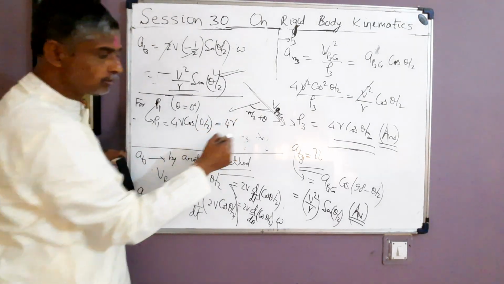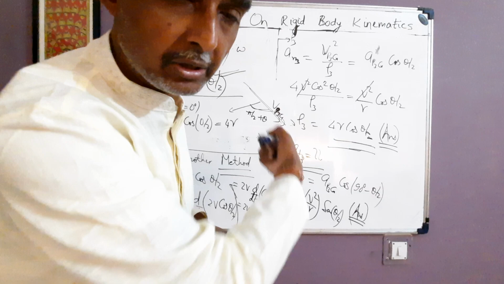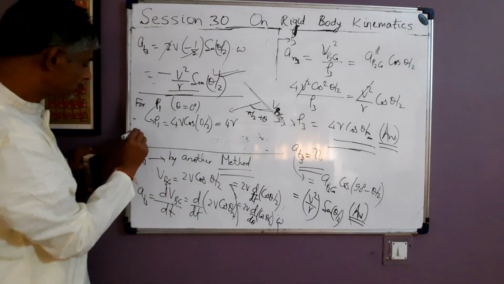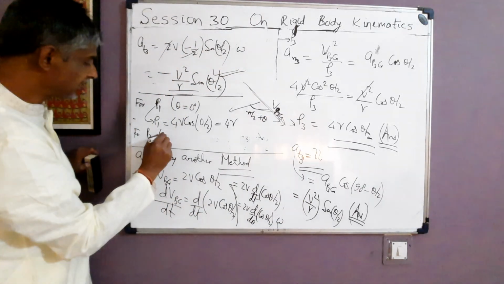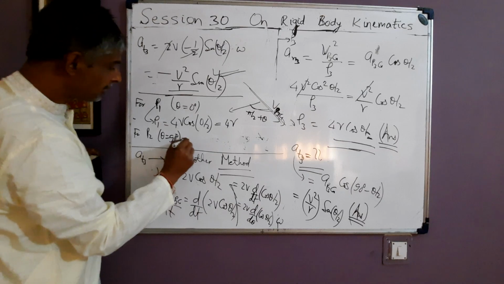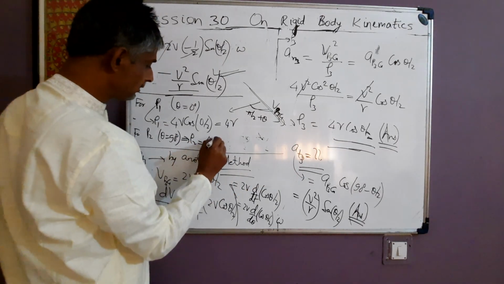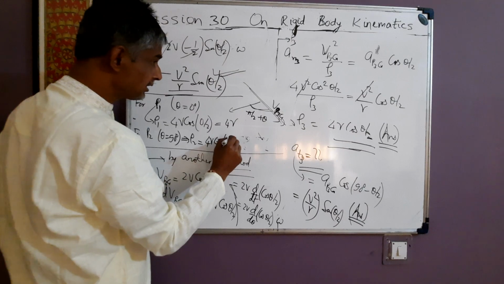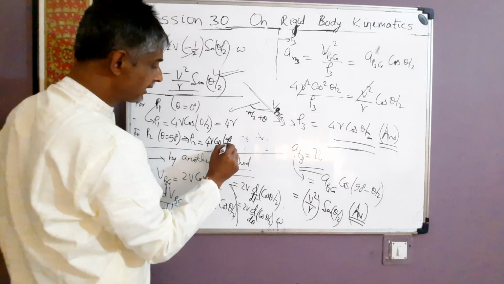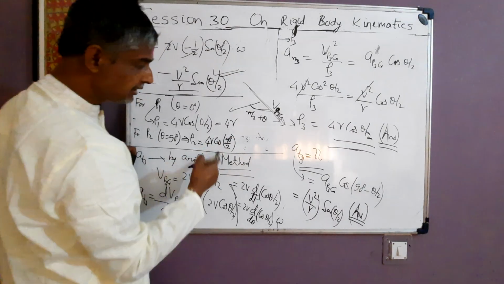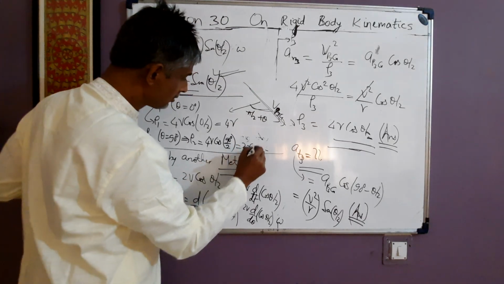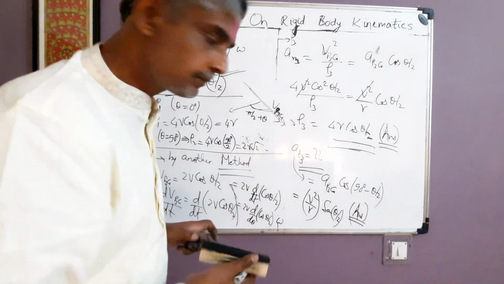So it is just 4r, the answer which you obtained in the beginning of this problem. For P2, theta is 90 degree. How much will rho 2 be? Rho 2 will be 4r cos of 90 degree by 2, so cos 45 degree, 1 by root 2. So 2 root 2, the same answer which you obtained.